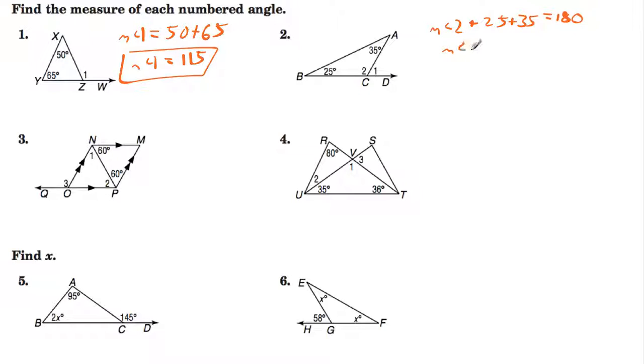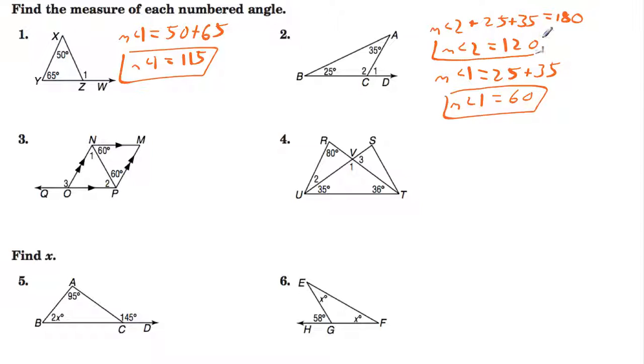That means that the measure of angle 2 is equal to, this is going to be 60, so 120. And actually, I can also say that the measure of angle 1 is equal to 25 plus 35. So the measure of angle 1 is equal to 60. And notice measure of angle 1 and measure of angle 2 are a linear pair. They're supplementary.